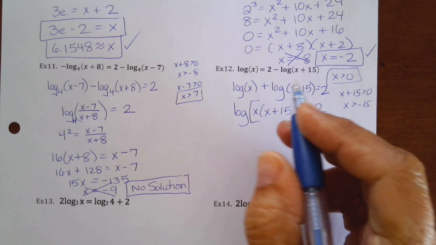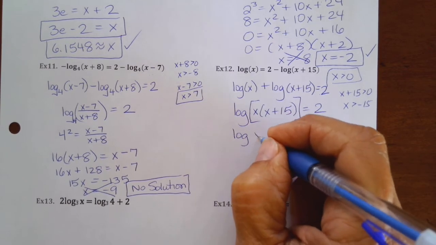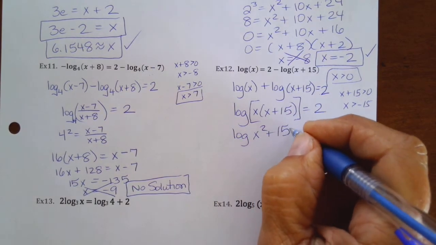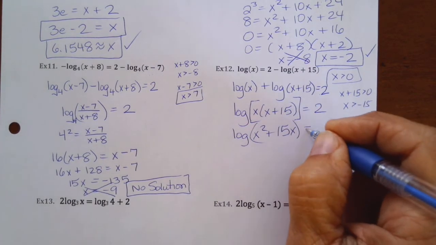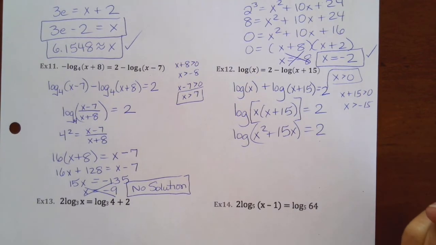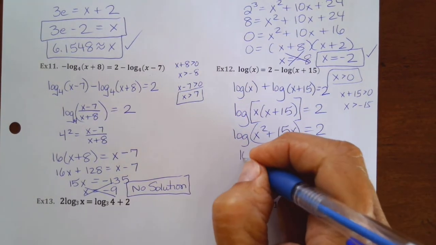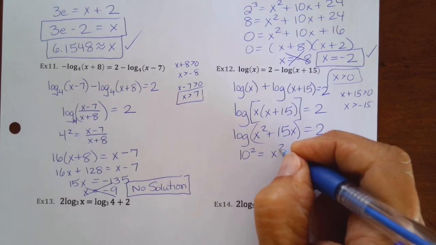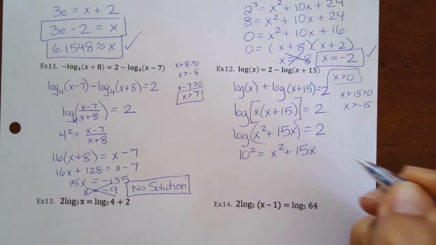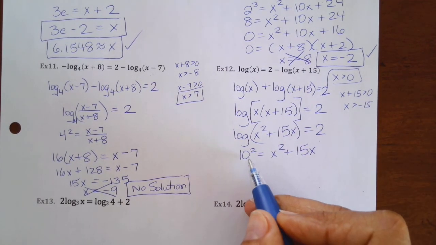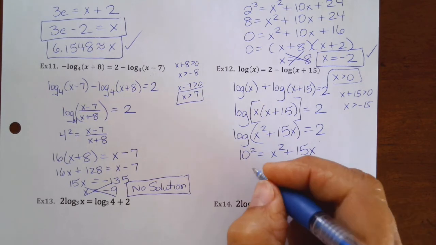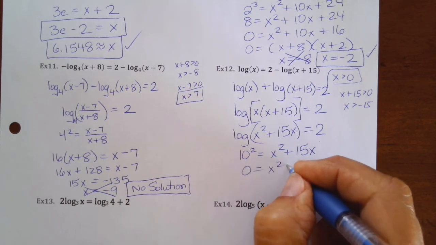I'm going to go ahead and multiply this out. So log of x squared plus 15x equals 2. Write this as an exponent. So 10 is your base to the second power equals x squared plus 15x. 10 squared is 100, and I'm going to move it over to this side since I have a quadratic. It needs to have a 0 over there.